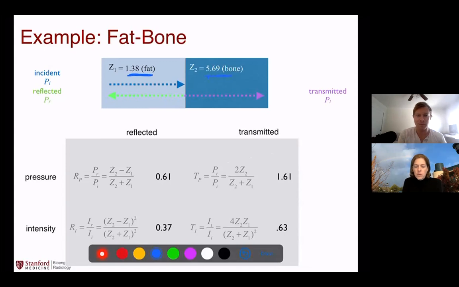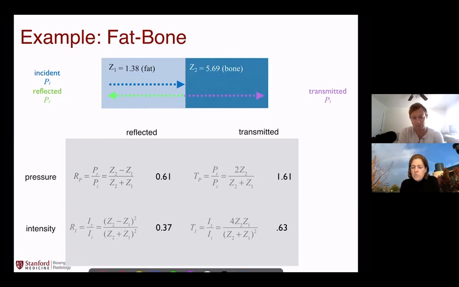Big differences between those, not as big as for air, but big enough so that the reflected pressure is pretty big. At that interface, you're going to have about 60% of the pressure reflected. What you see then is that almost 40% of the intensity is going to get reflected.